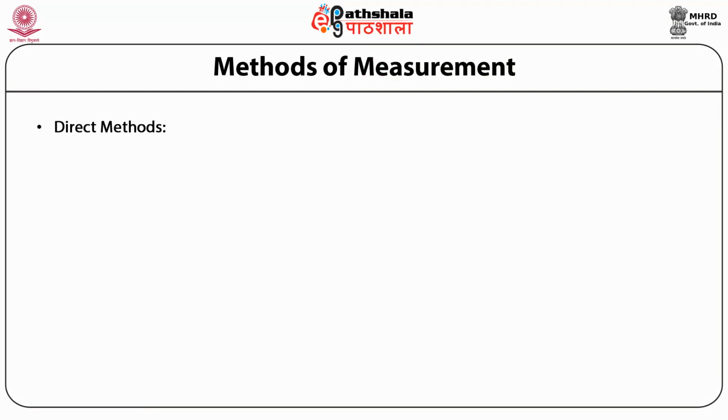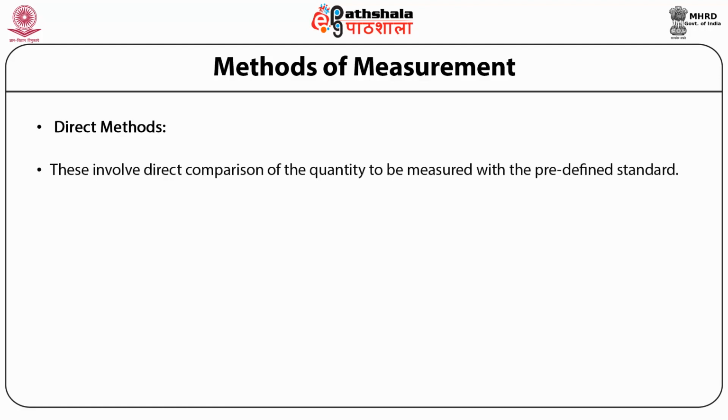So students, let us see what the methods of measurement are. Generally, the methods of measurement are organized in two categories: direct methods and indirect methods. First of all, let's see direct methods. These involve direct comparison of the quantity to be measured with the predefined standard.